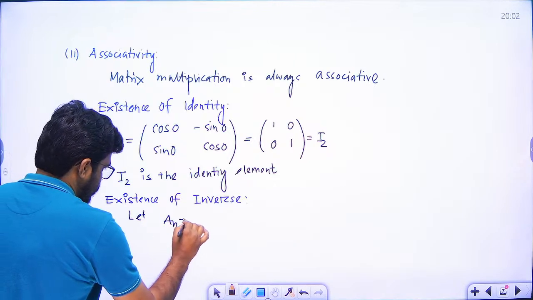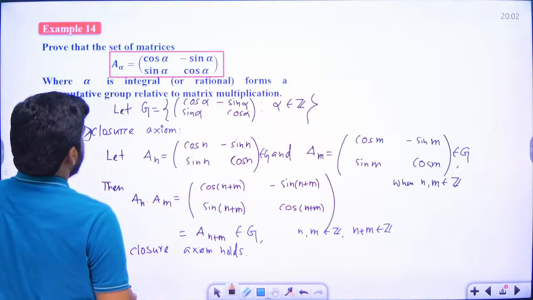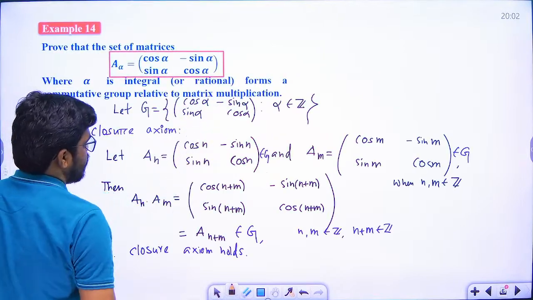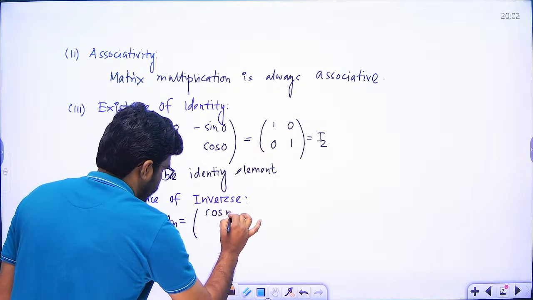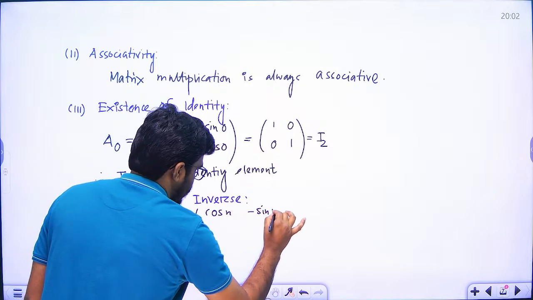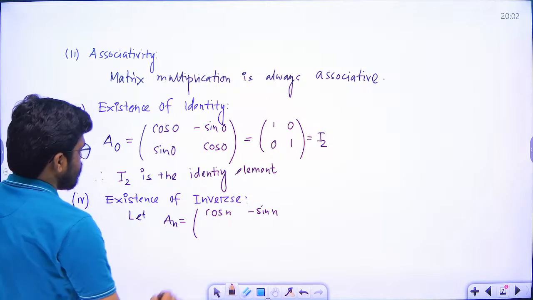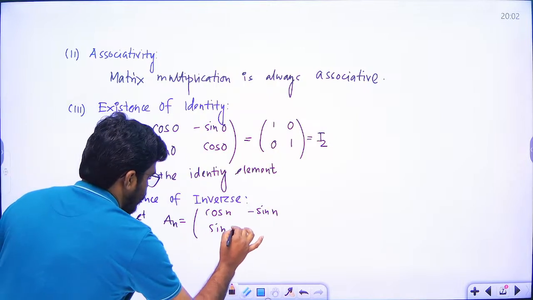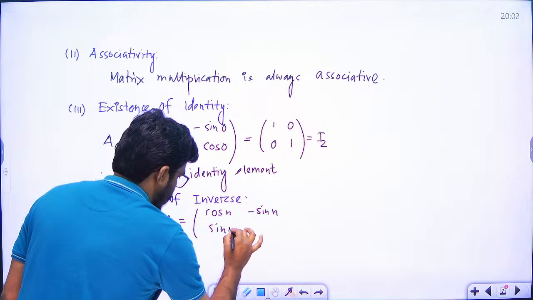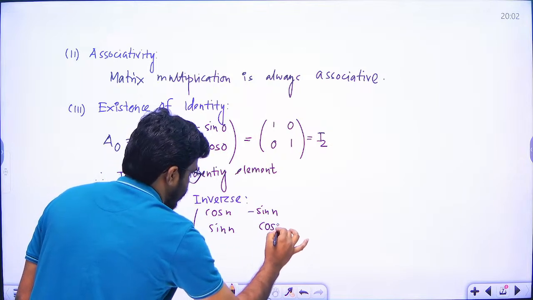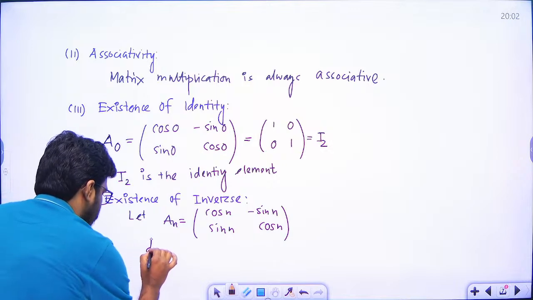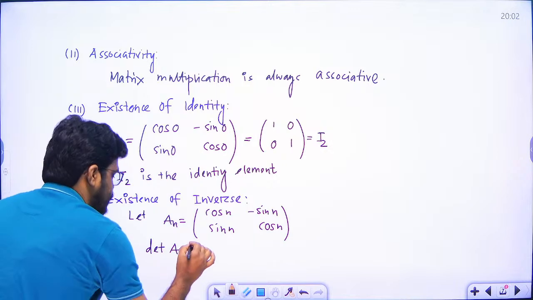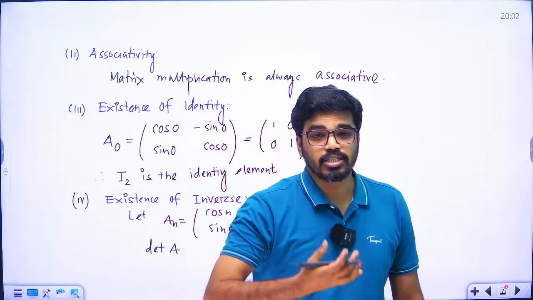The matrix is of the form cos n, minus sin n, sin n, cos n. A matrix is invertible if it is non-singular.